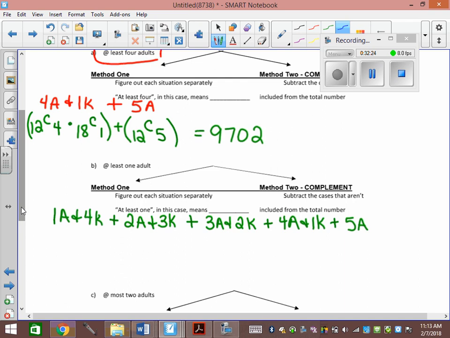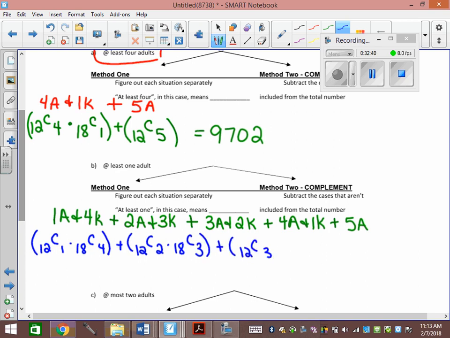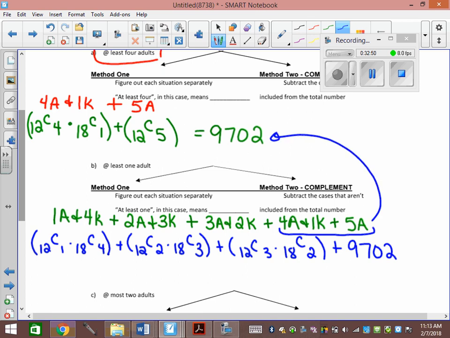So we can go 12C1 times 18C4 plus 12C2 times 18C3 plus 12C3 times 18C2, and the answer is 9,702.